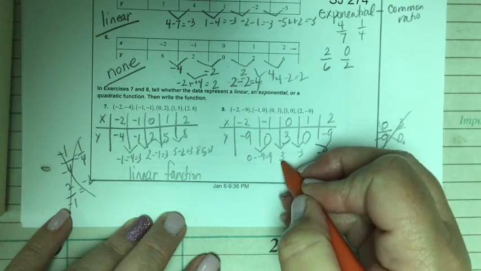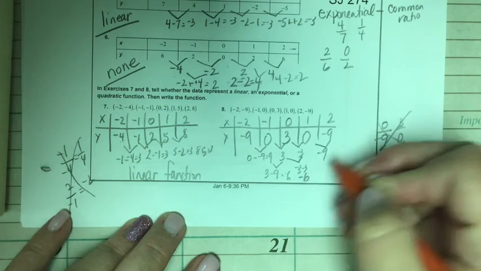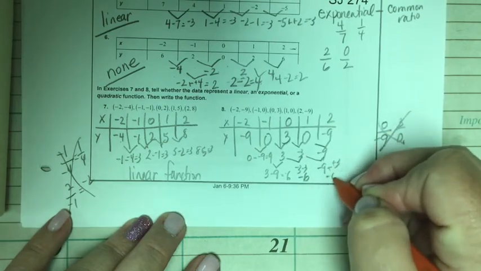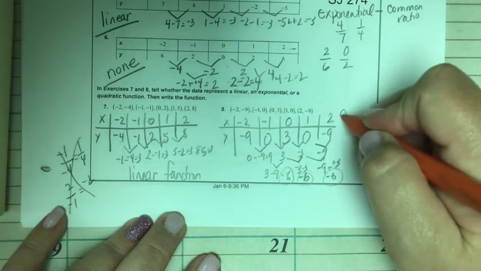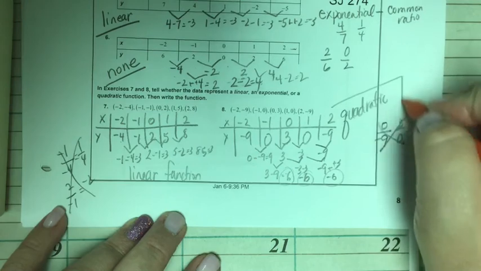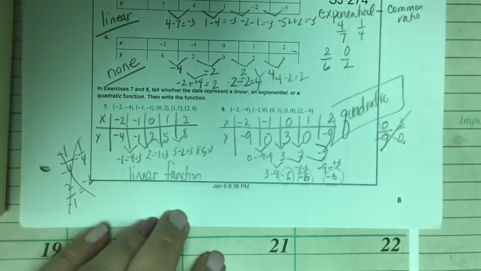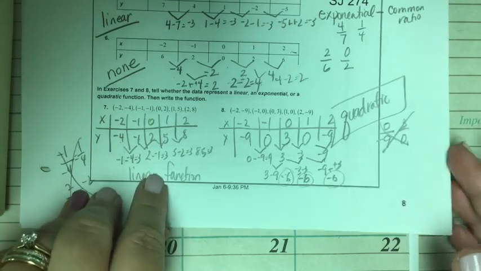So let's do 3 minus 9. My second differences are constant, therefore this is a quadratic. I don't know what happened here. If you see what I did wrong, please let me know. I just do not see it, and I looked at that for quite a while.